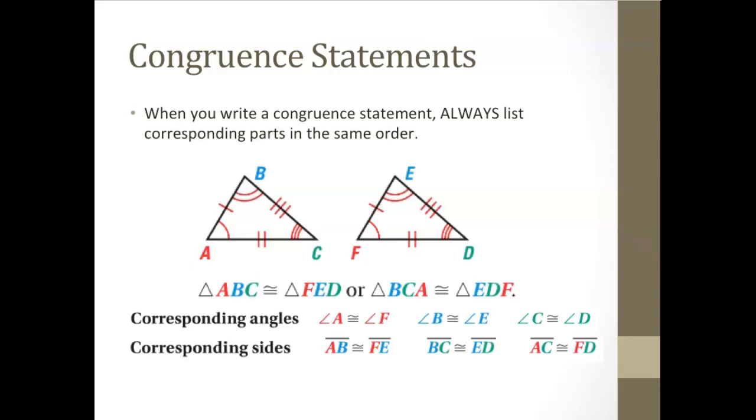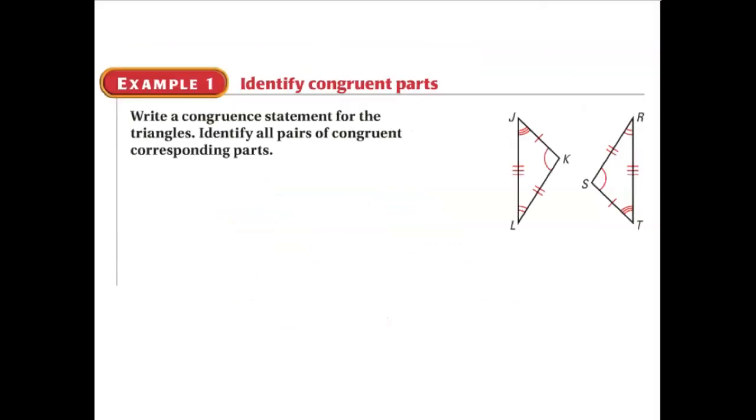Let's take a look at example 1. Write a congruent statement for the triangles. Identify all pairs of congruent corresponding parts. So seeing how everything is marked for us here in our diagram, all we have to do is pair up the corresponding parts.